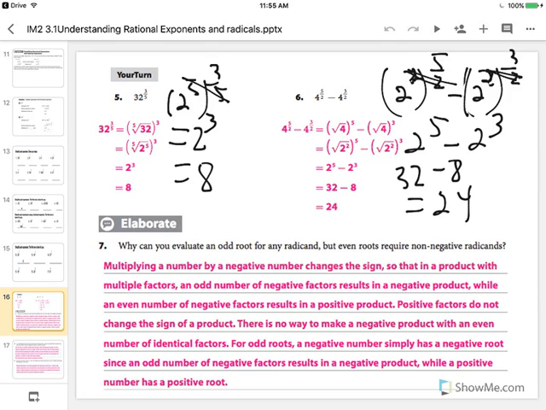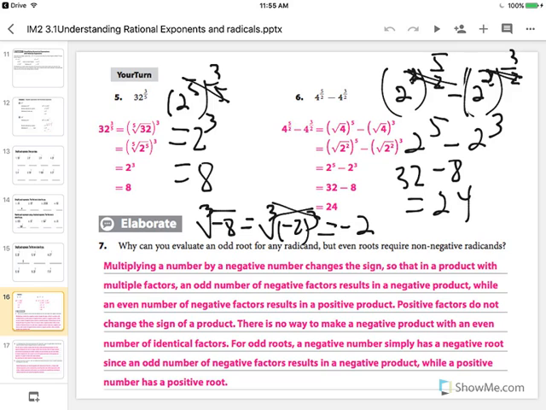Okay, so let's elaborate for number 7. Why can you evaluate an odd root for any radicand, but not an even root? Even roots require a non-negative radicand. So for example, we can have the cube root of -8. This is the same as -2 to the 3rd power, so it reduces to -2.